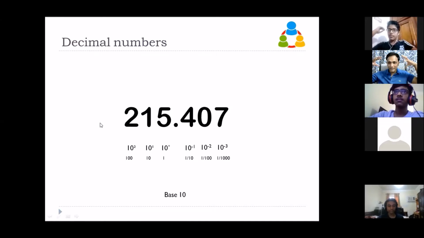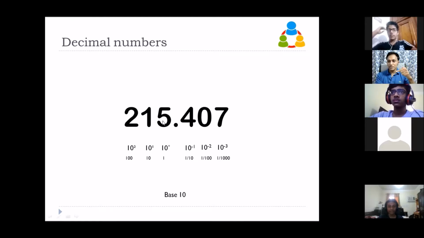You have made that a skill, and now you have forgotten the basis of it. Like in lower primary school, you learned 215 as 2 hundreds, 1 ten, 5 ones. But now you have become so used to those numbers that you are not recollecting the basis of it.